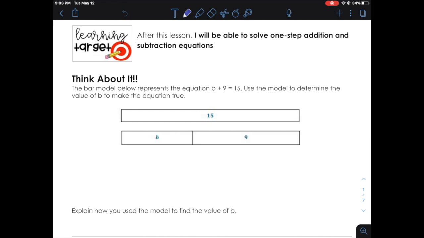So the first thing that I want to do is determine what each of these individual parts of the equation are. So 15 is going to be our total. Then we have b and 9. Those are both parts.